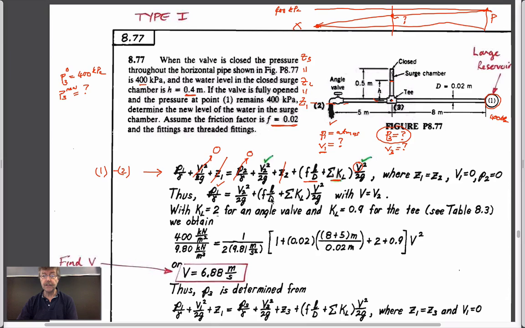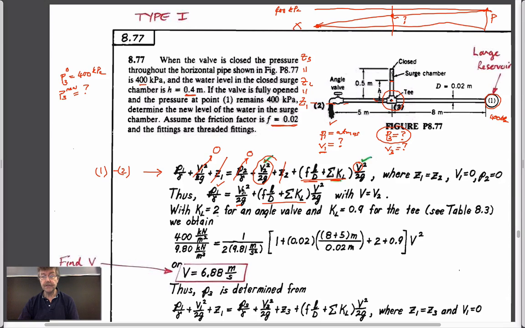This is length over diameter here. This is the loss coefficient for this. So this is just the loss coefficient from going through the T. And I'm trying to work out why. Oh yeah, okay, so it's a plus. So this term here is this. This term here is this.